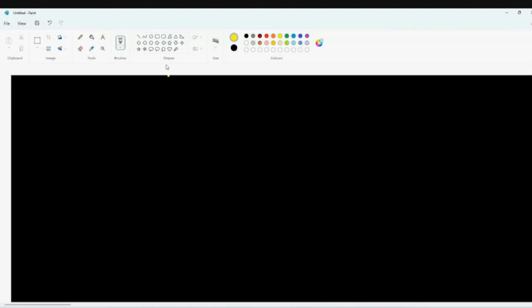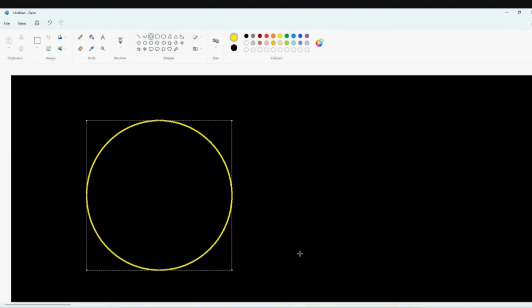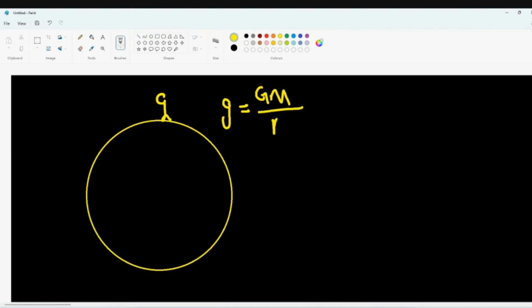Let's say that is the original size of the Earth. When you are standing on the Earth's surface, the g you experience will be GM over R squared, where capital R is the radius of the Earth.